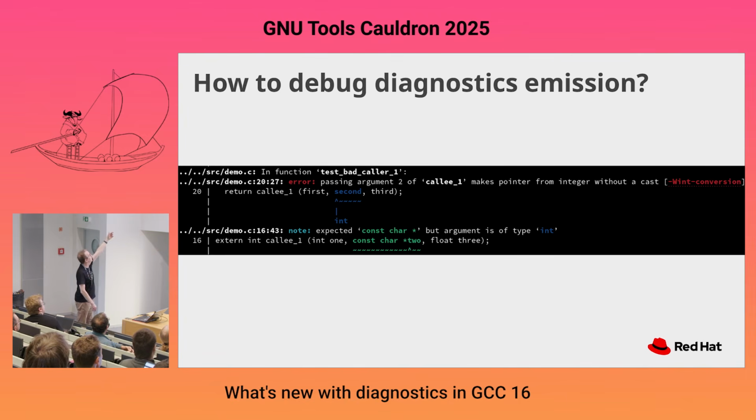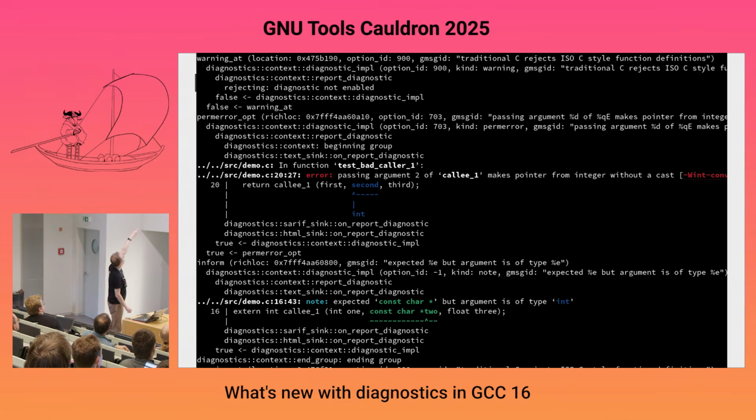So if you have here's an error and a note, if you set the environment variable, you still get the error and the note, but embedded within it is this sort of nested view of: we had a warning_at, blah, blah, blah, and that was rejected because that one isn't enabled, and then we have a permerror_opt, and that was accepted, and you'll see that it's being reported by the text sink.